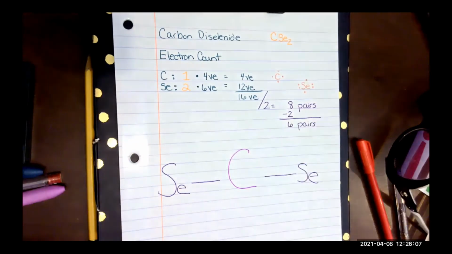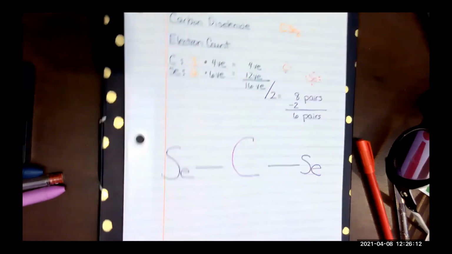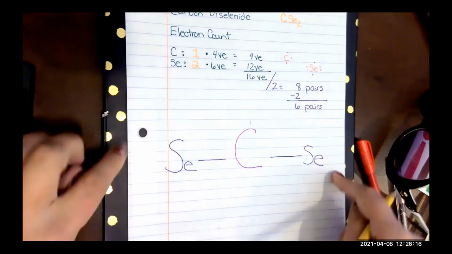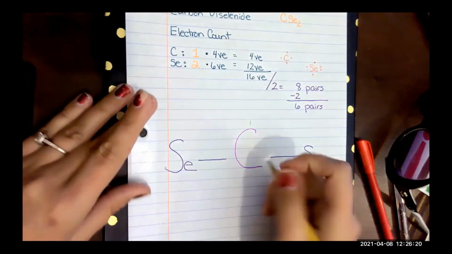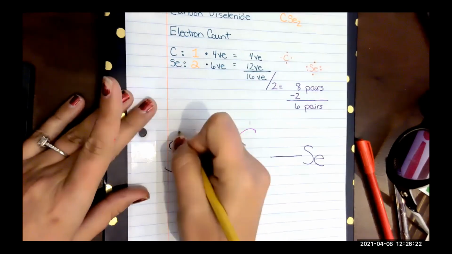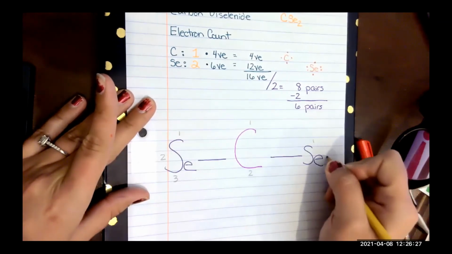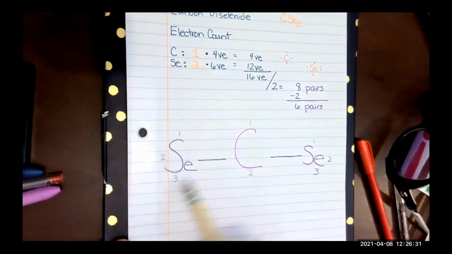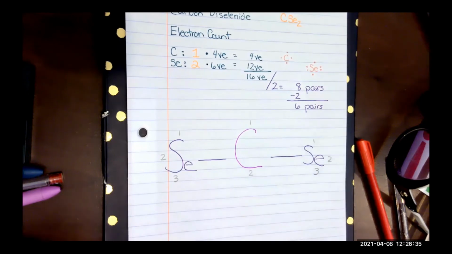Now, the first thing you always do before you assume double or triple bonds is you do your count. So on each empty side, you have to assume that they need 1 more pair. So 1, 2, 1, 2, 3, 1, 2, 3. So I need 1, 2, 3, 4, 5, 6, 7, 8 pairs if I was to not do a double bond.